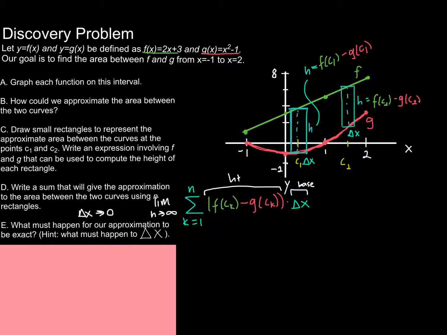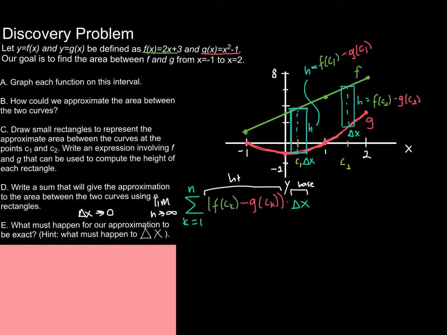And notice that this is exactly the definition of the definite integral. As n approaches infinity, delta x is going to approach dx, the infinitesimally small change in x. And since we're going to be looking at infinitely many subintervals, we're actually going to evaluate this expression at not just c sub k's, but at every single x value between negative 1 and 2.